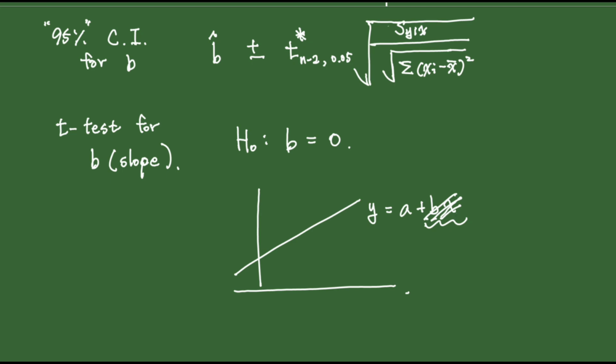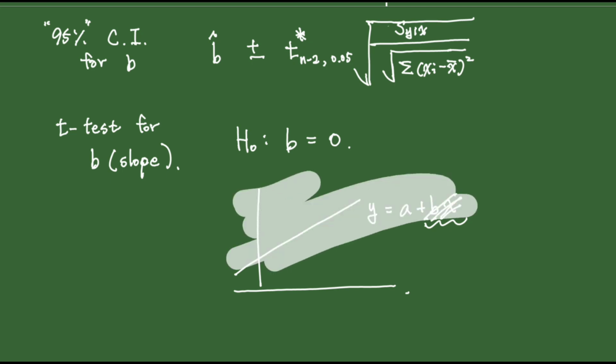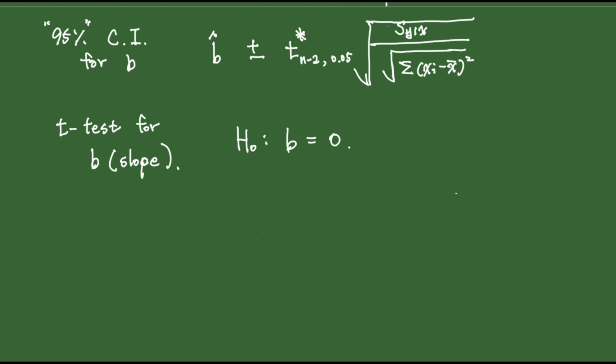This means that when B is 0, we can say that y and x do not have a linear relationship.